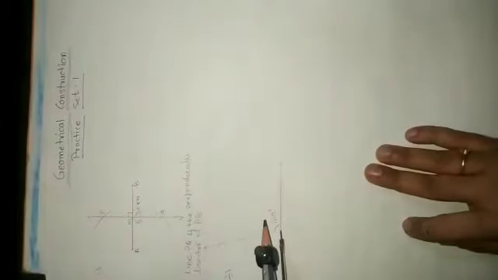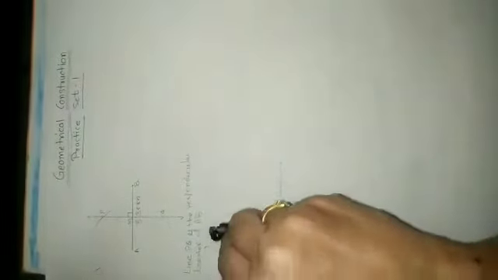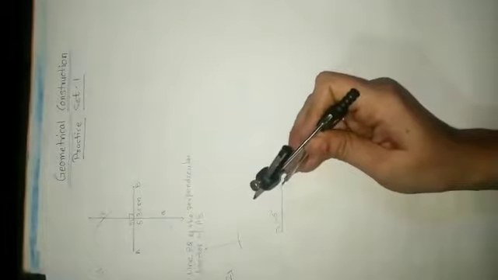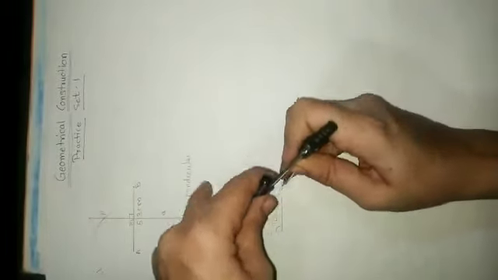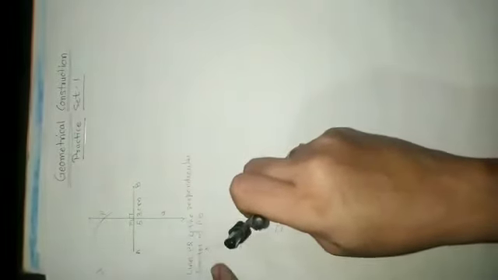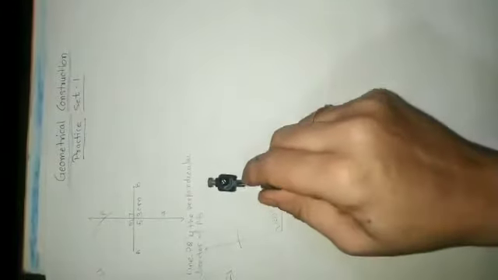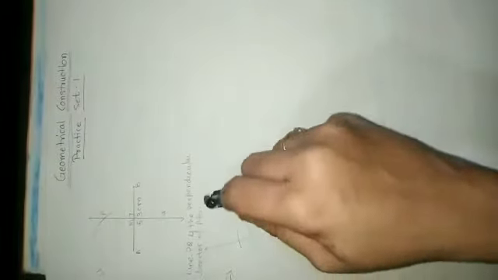For this, put the steel point here and mark 2 arcs, one here and one here. Now take more than half of the distance between these 2 arcs, put the steel point over here and mark 1 arc here.